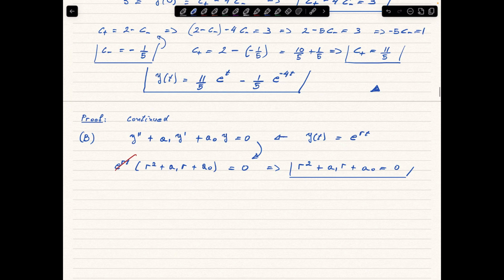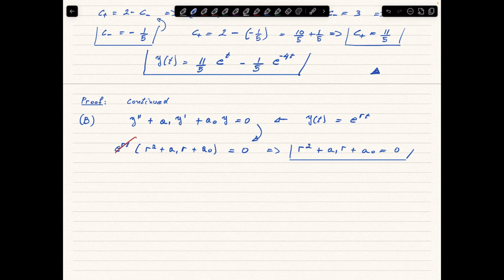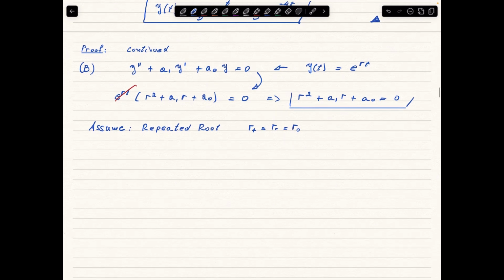What are our assumptions now? In part B, we assume that we have a repeated root. So r plus is equal to r minus, and let's call either of these two, the same, r0. So actually we have two assumptions here.